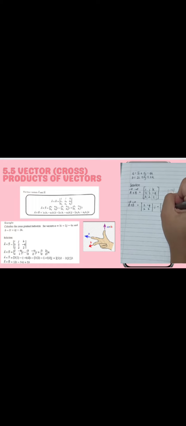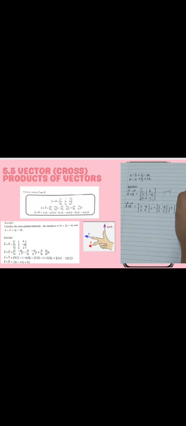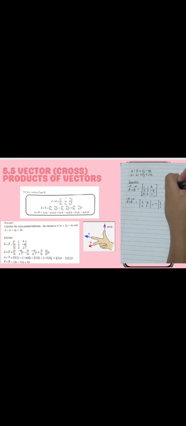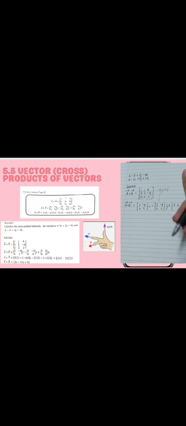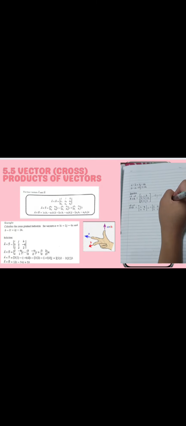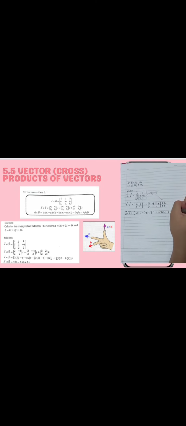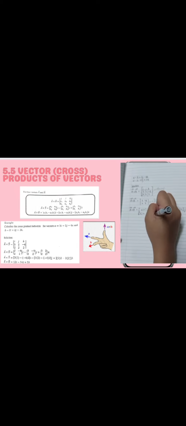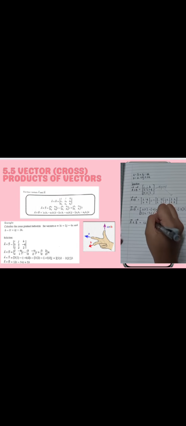If you're confused about making the grouping, just follow what I did in the video. After that, we combine all the numbers and multiply them. And lastly, that's how we will get our answer.